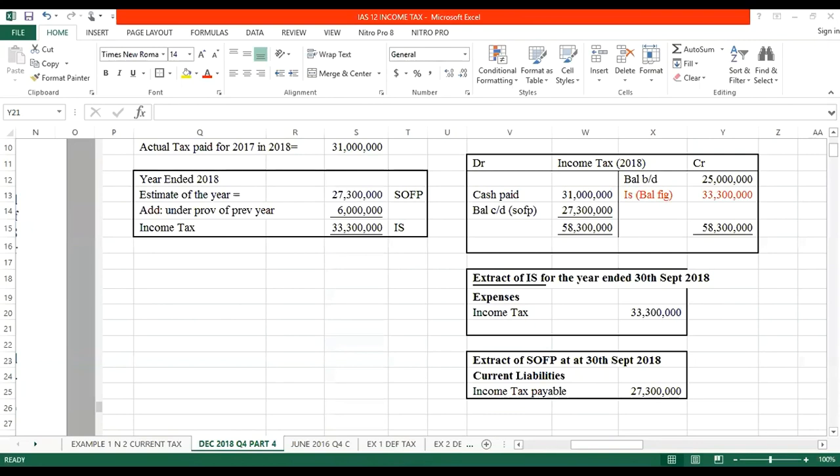If it was over provided, the amount will be on the debit side of the trial balance. But I will come to that when covering published accounts. If it is on the credit side, it will be under provided. But again, that I will cover when covering published accounts, when we are preparing full income statement and full balance sheet.